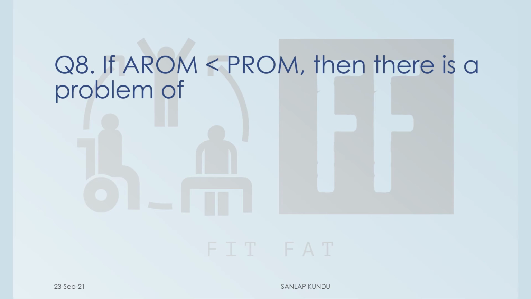It is affected by his willingness to move, coordination, muscle strength, and joint range of motion. So it is basically associated with the contractile tissues such as muscles, tendons, and their attachments to bone.